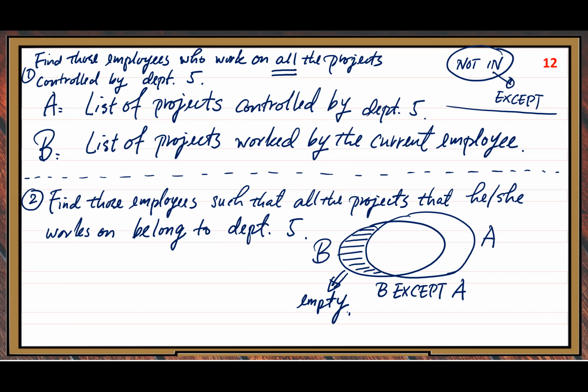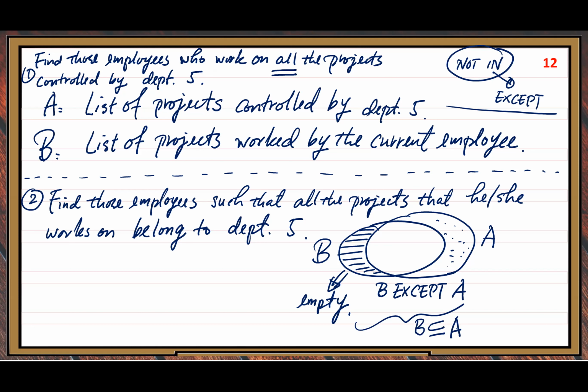Department 5 could have more projects than this set, so Department 5 can control other projects. But to represent this, set B is a subset of A.